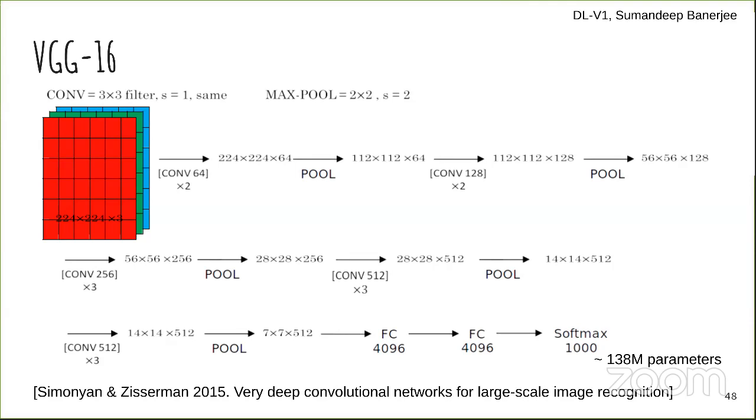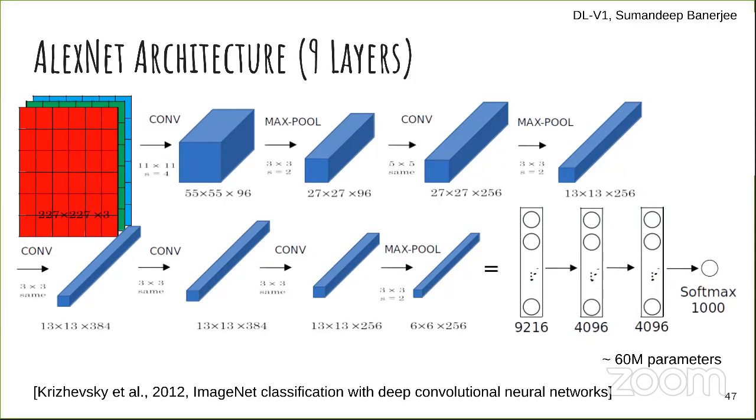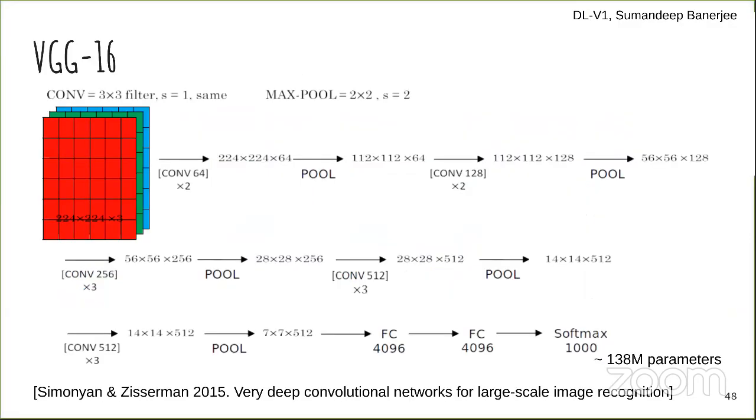So key learning. If you remember, LeNet had 61,000 parameters. AlexNet has 60 million parameters, so the number of trainable parameters for the data to learn is about 1,000 times more. And VGG16 is just mind-boggling: 16 layers with 138 million, and I think the 19-layer network is around 155 million parameters.